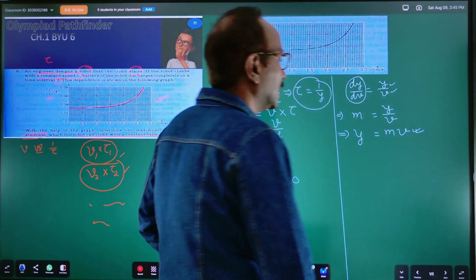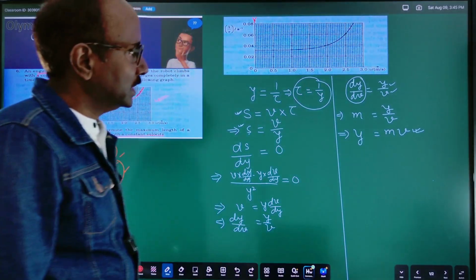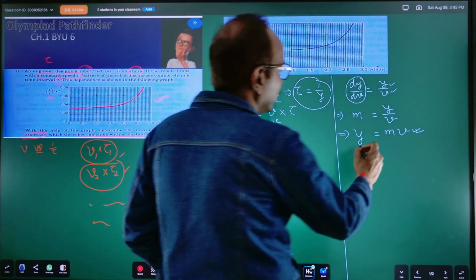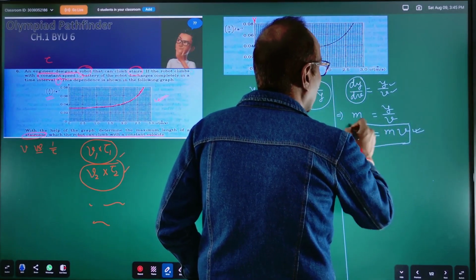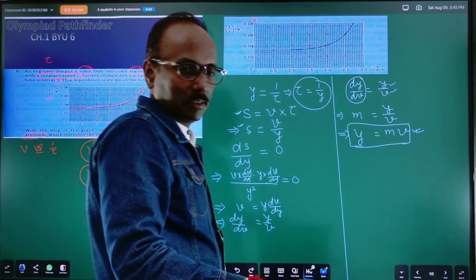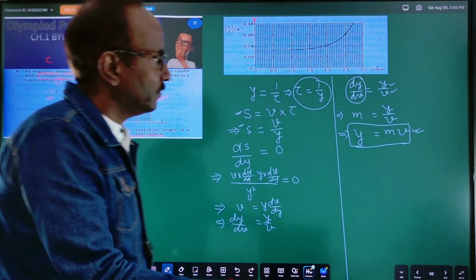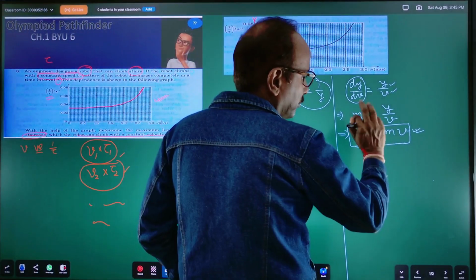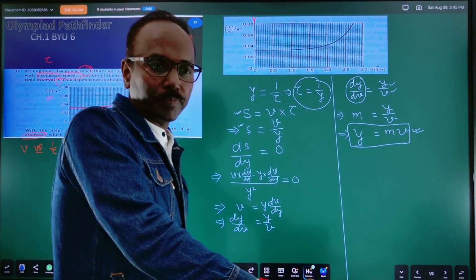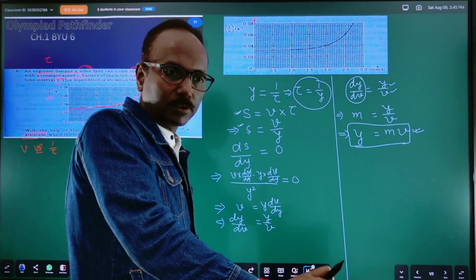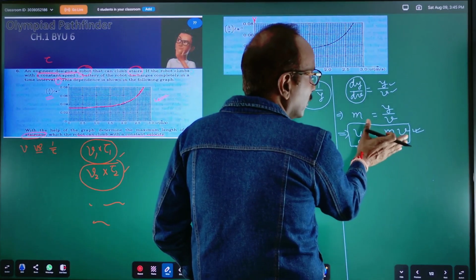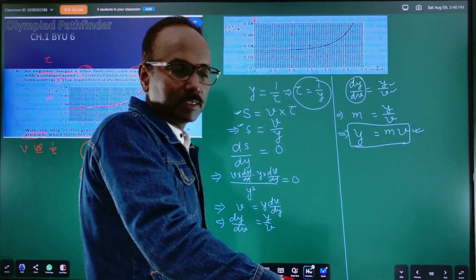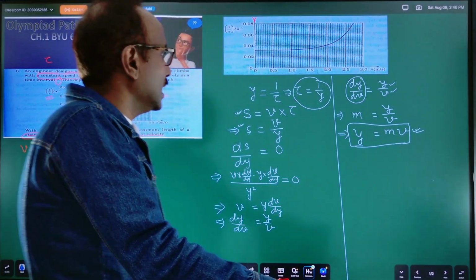From coordinate geometry and this equation, you know that this is the equation of a straight line passing through the origin for a fixed m. If we fix the slope, then this becomes an equation of a straight line passing through the origin.